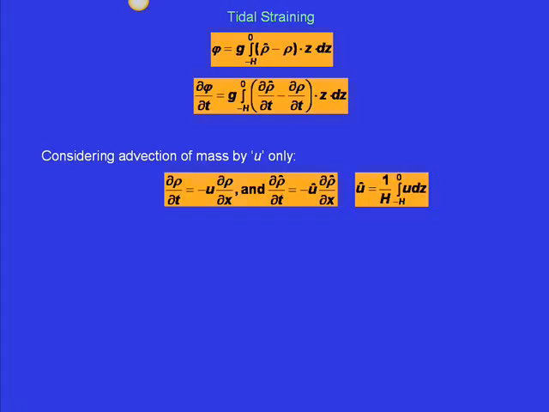If you want to be picky, we're also missing the dispersive part of this, that is the mixing, the diffusive part. The terms that include the divergence of the flux of density. But just to simplify things, we're representing d rho dt by this expression.